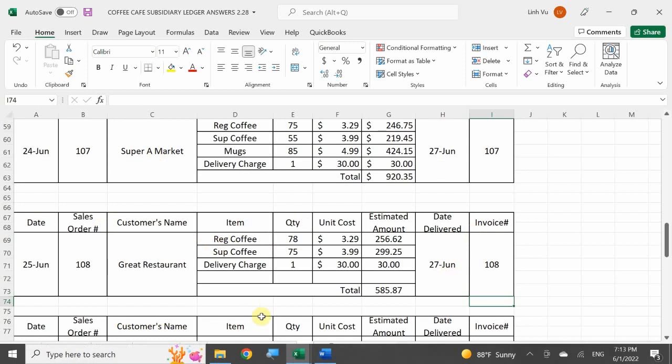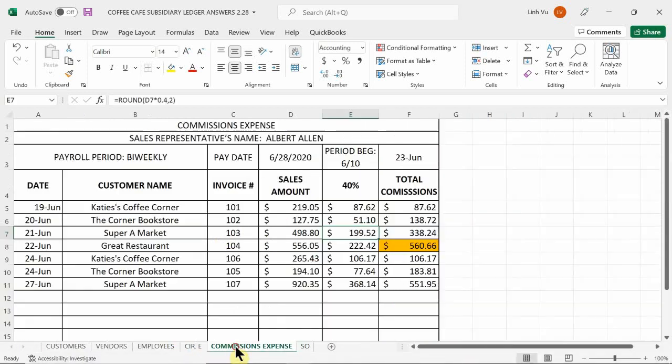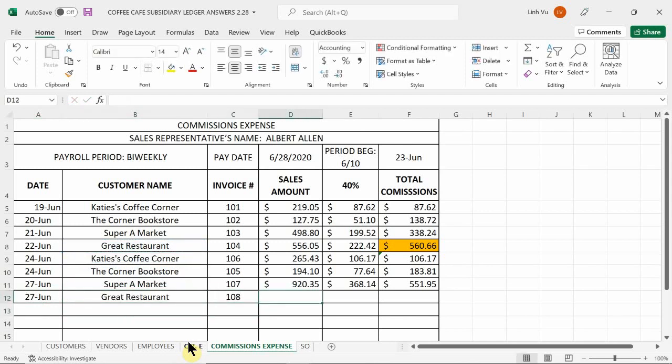That means we get to collect commissions for Mr. Albert Allen. He delivered to Great Restaurant with invoice number 108 for a grand total of $585.87.